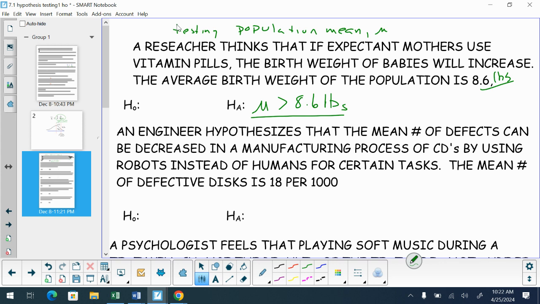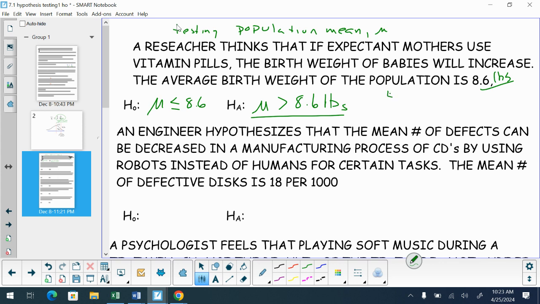The null hypothesis is the SpongeBob opposite day to the alternate hypothesis. What is the SpongeBob opposite to greater than? Less than or equal to. Less than or equal to 8.6. This is what we hope is true. This is SpongeBob opposite to it.